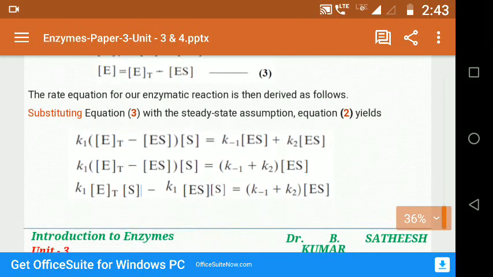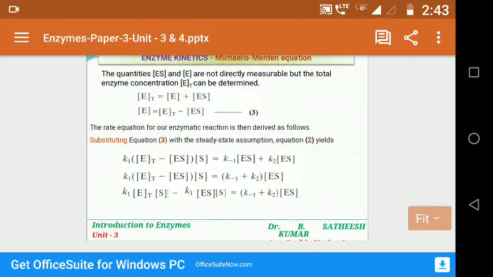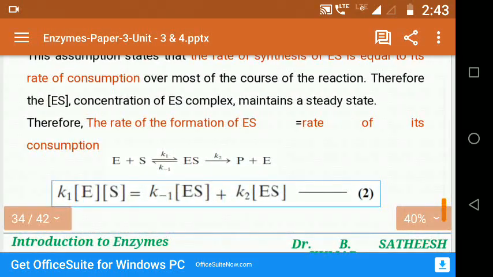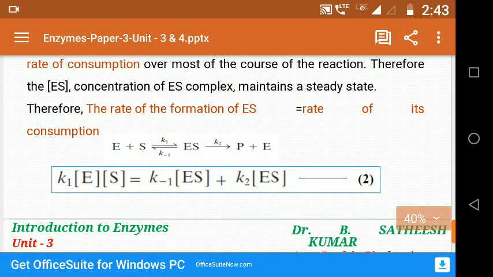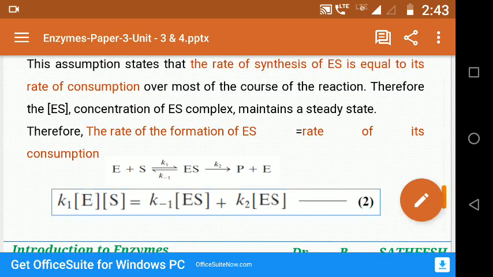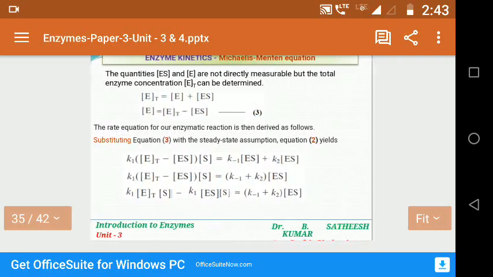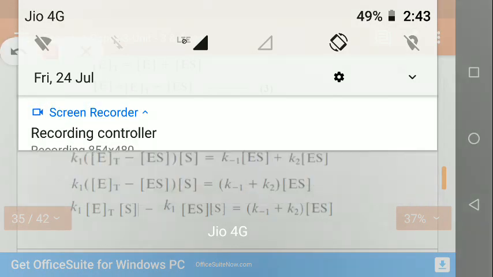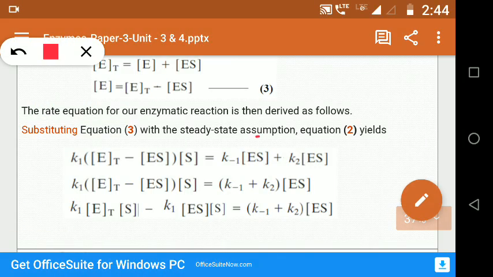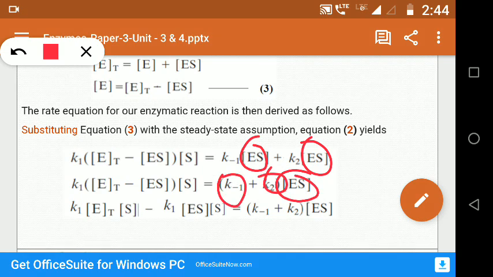Okay. So now, in the last slide, in the steady state assumption, we came up to this equation. Now we can take ES as common: ES into K minus 1 plus K2.